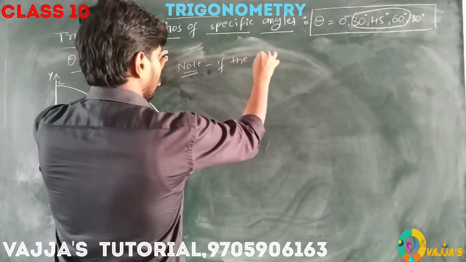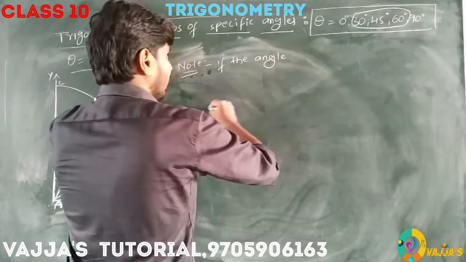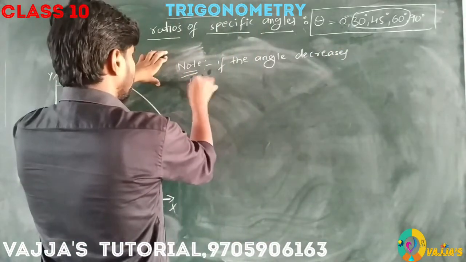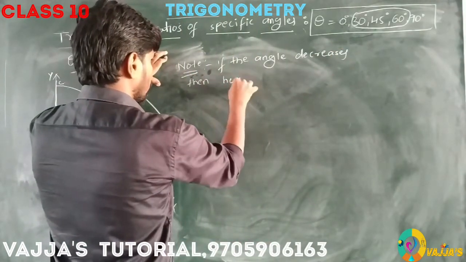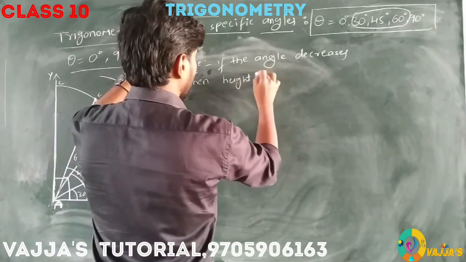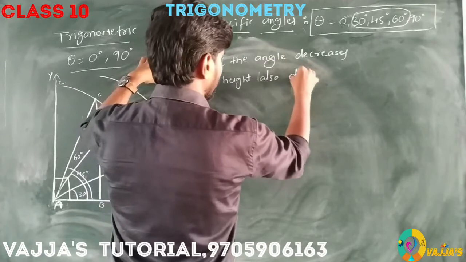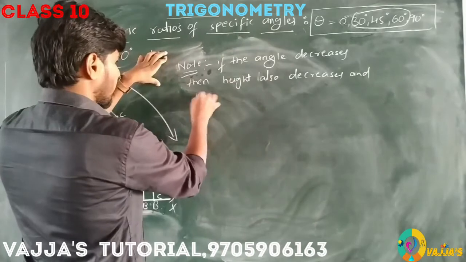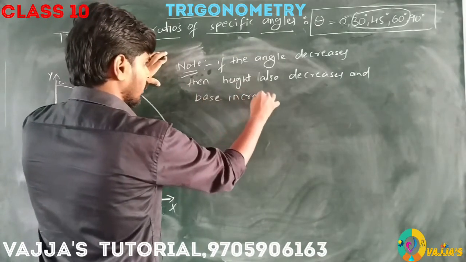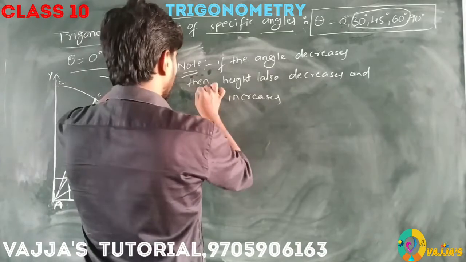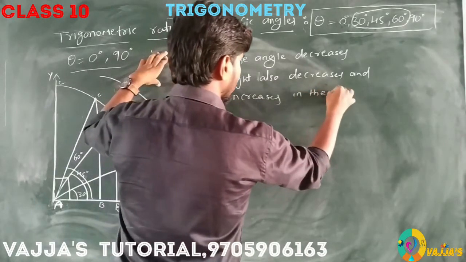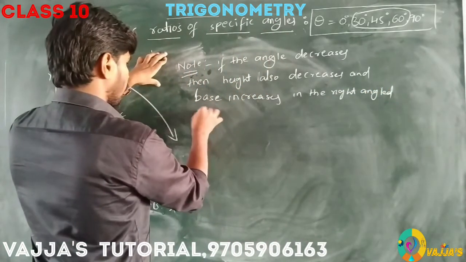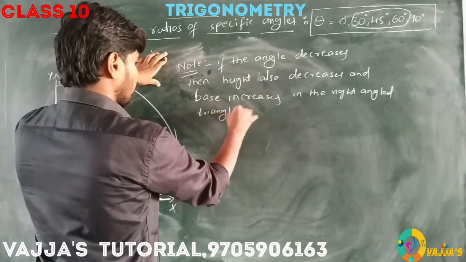If the angle decreases, then height also decreases and base increases in the right angled triangle.